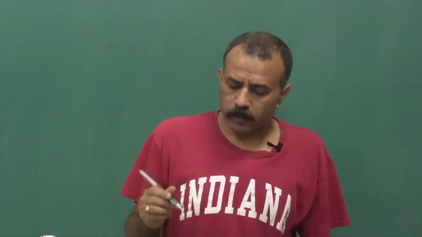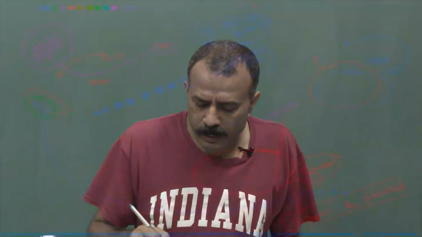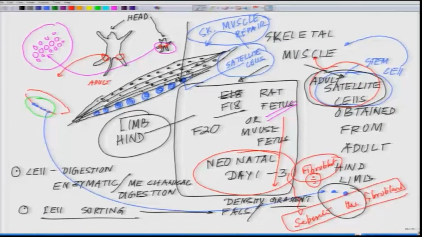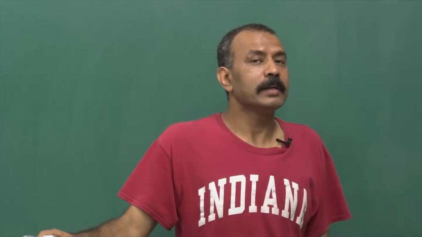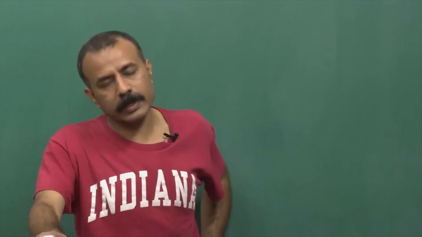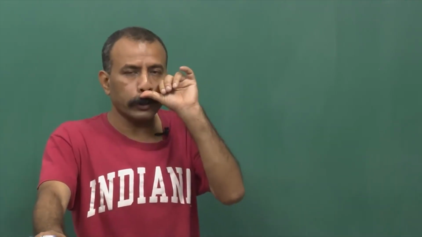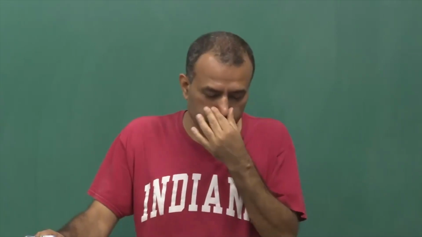So now, depending on the age, your fibroblast contamination is going to increase. If you are taking something like E18, you have a very minimal amount of fibroblast contamination, but that has its advantage as well as disadvantage. The disadvantage is your growth will be slow, because fibroblasts secrete several supporting factors that the skeletal muscle needs.